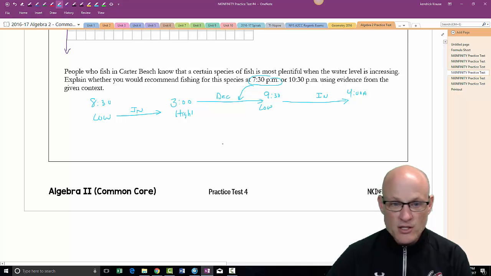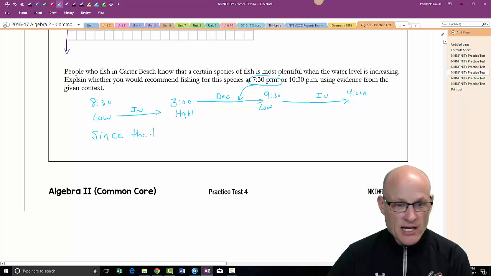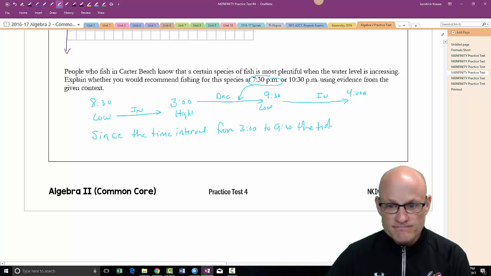We're increasing. So, given this information, from 3 o'clock to 9:30, the tide is decreasing. I would not choose 7:30.